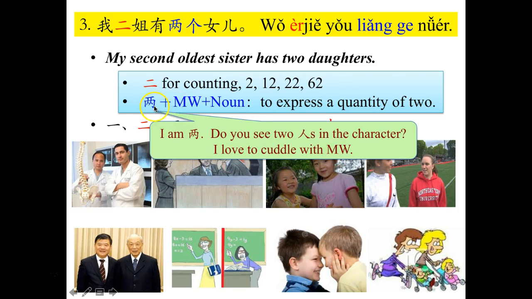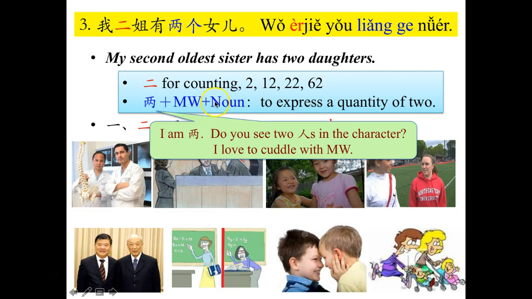You use 两 to count the quantity of 2. So you can say 2 students, 2 people. In other words, when specifying quantities and using a measure word to do it, 两 is used. Okay, so this is when you want to say 2 of something.